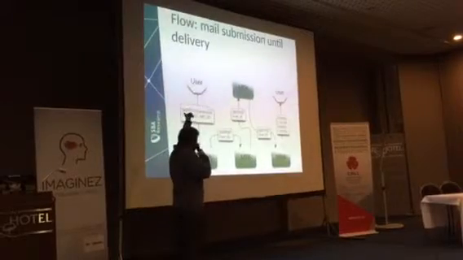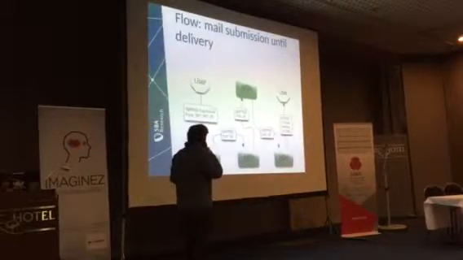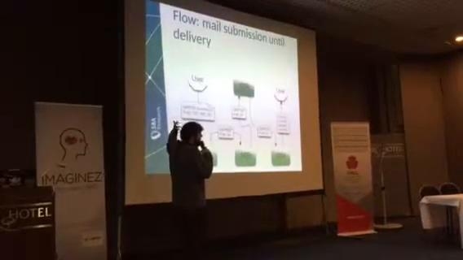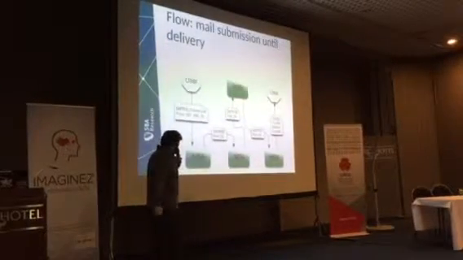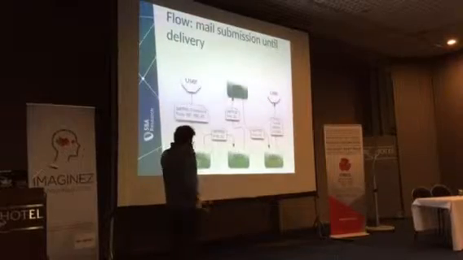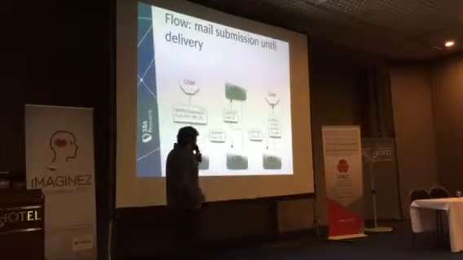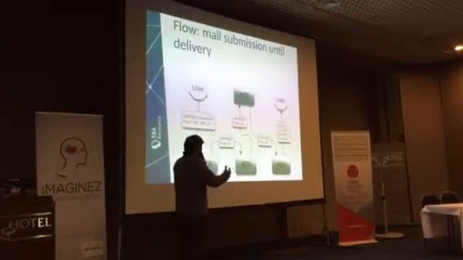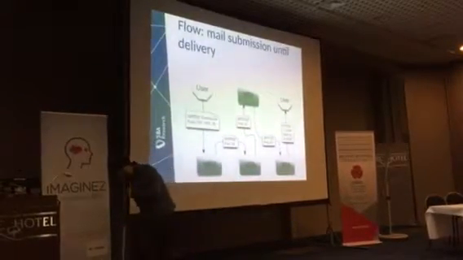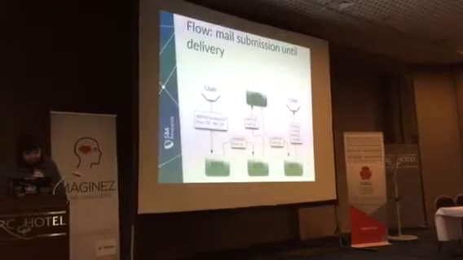This server redirects to the next server in line. Big universities sometimes have six or seven redirects because they have very complicated email setups. In the end, it's delivered to the mail delivery agent, which is of course a server, but the user can pick up his email, for example via POP or IMAP. I hope this is clear.